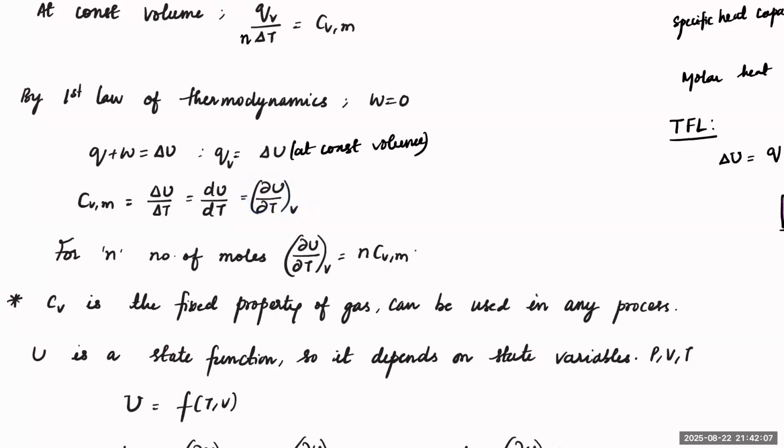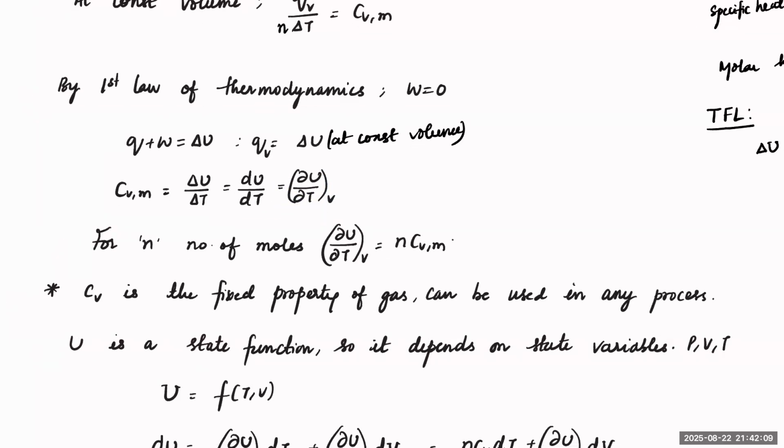I think this part is clear. I'll be able to write this as heat that is being given at constant volume will be equal to delta U. And that divided by delta T will give you this one.